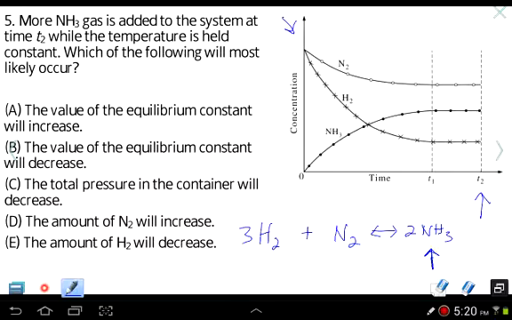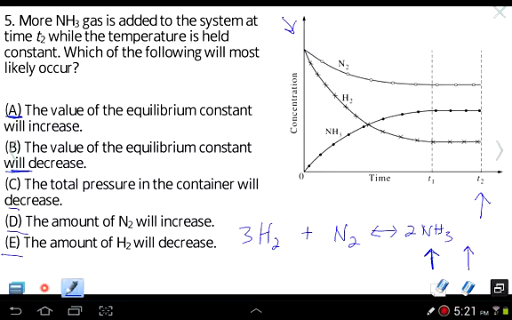equilibrium. We're adding more product. The value of the equilibrium constant will increase is part A. The value of the equilibrium constant will decrease is part B. The total pressure in the container will decrease. The amount of N2 increases, the amount of H2 will decrease. So let's think about what will happen. If you add NH3 to the system, then the equilibrium will try to remove NH3.